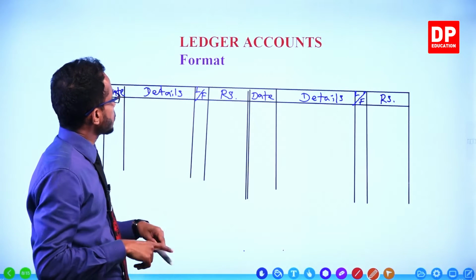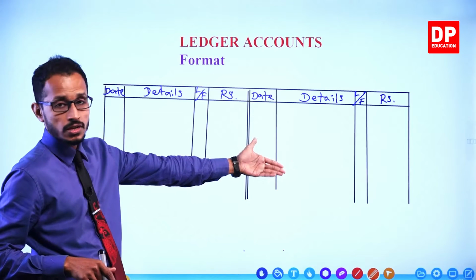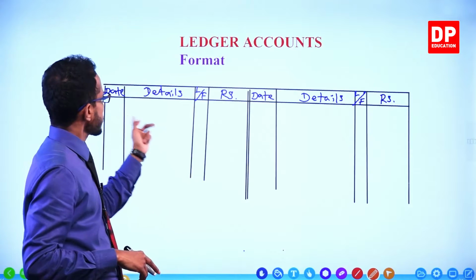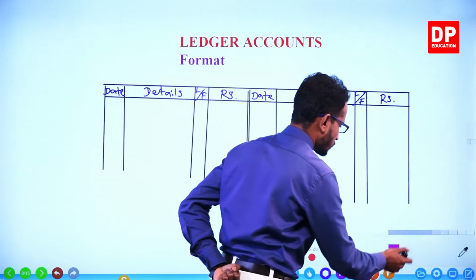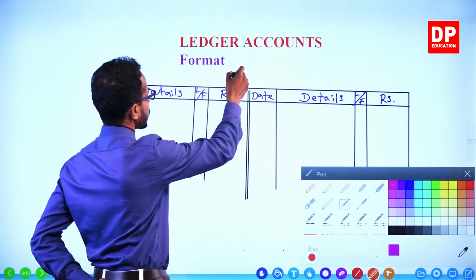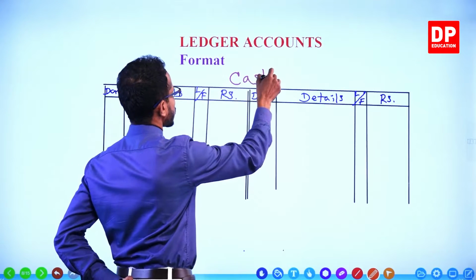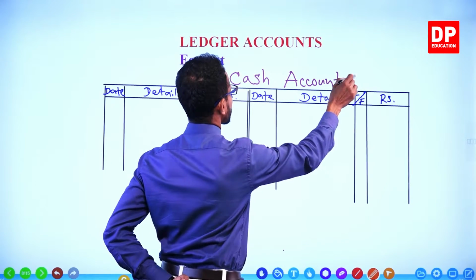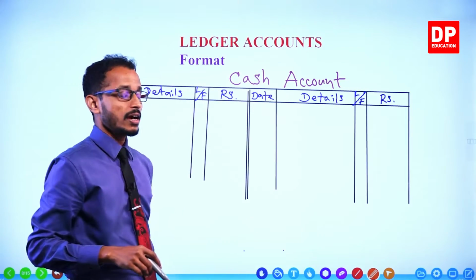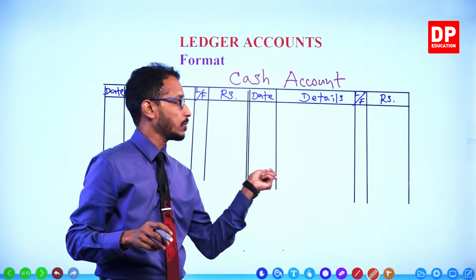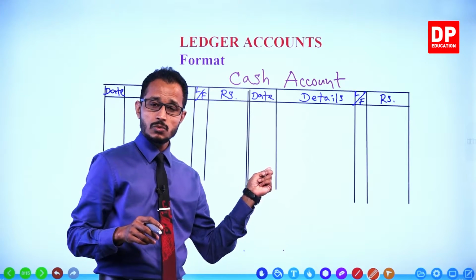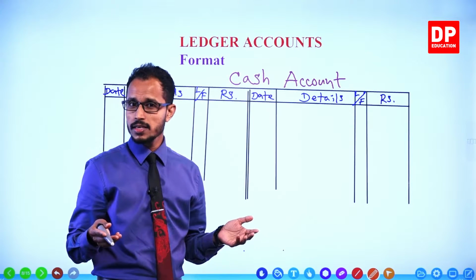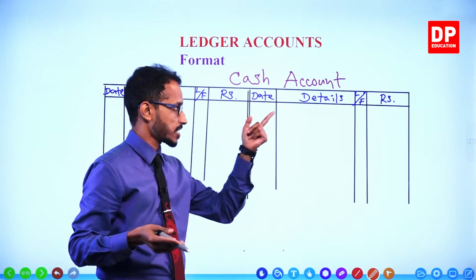Right. This is the format of a ledger account, children. We'll name this account. We'll name it cash. Cash account. So if I ask you what type of account is this? Yeah, I know, it's a cash account.